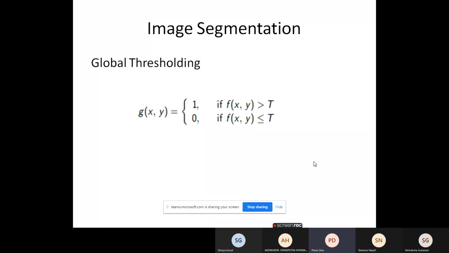Otherwise, the point is called a background point. A point represented with 1 will be treated as an object point, and when represented with 0 it falls under background point.